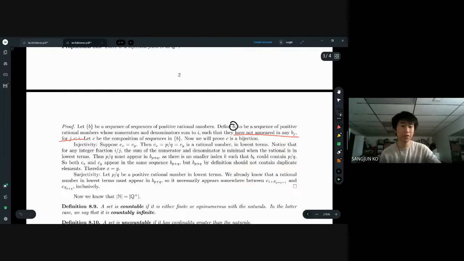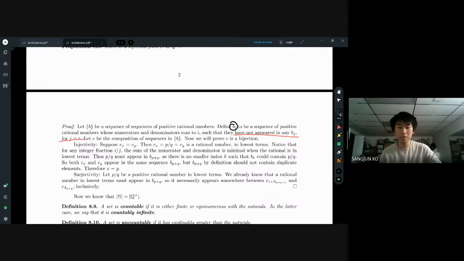Okay, so suppose we have two elements that are the same. Then we can write these two rational numbers in lowest terms.